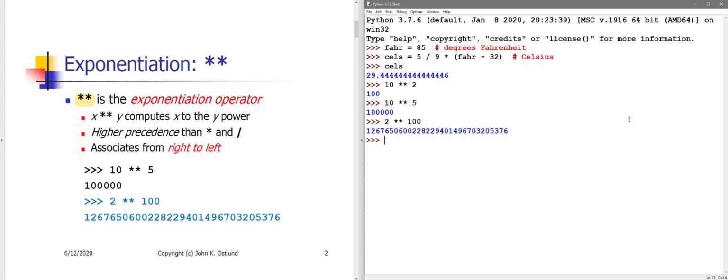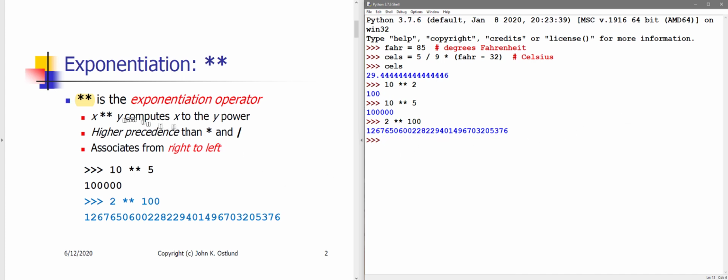But Python is able to compute 2 to the 100th power and display an accurate result for me. Many other programming languages are not able to do that using integer values. If I attempted to compute this number in C or C++ or Java or C#, I would end up getting what's called an overflow, and that would be an error.